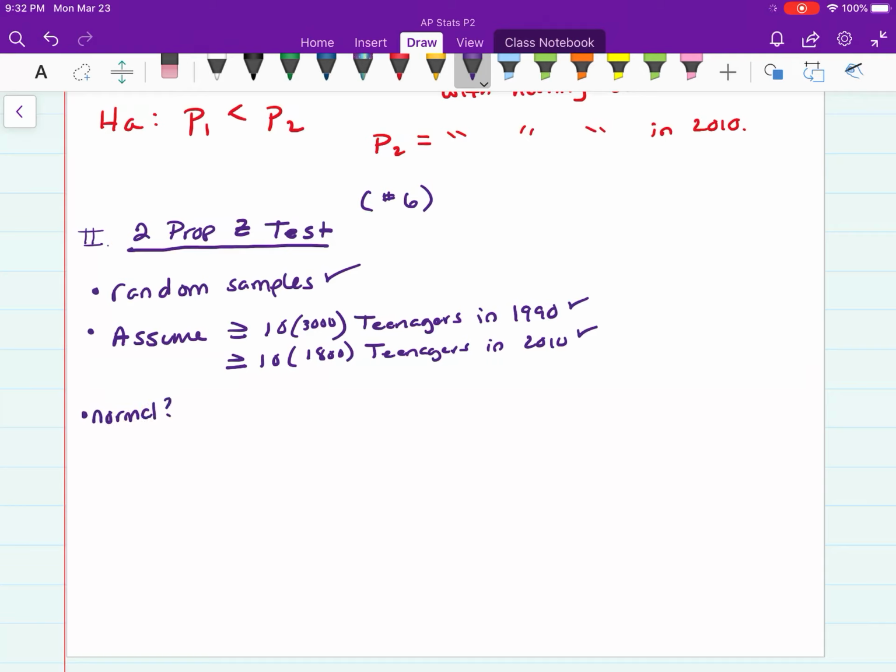Normal. Well, now we're back to proportions. So we can't use the central limit theorem. We've got to check our n times p hat and n times 1 minus p hat. However, we have two groups of people. So we're going to have to go ahead and basically check 4 things.